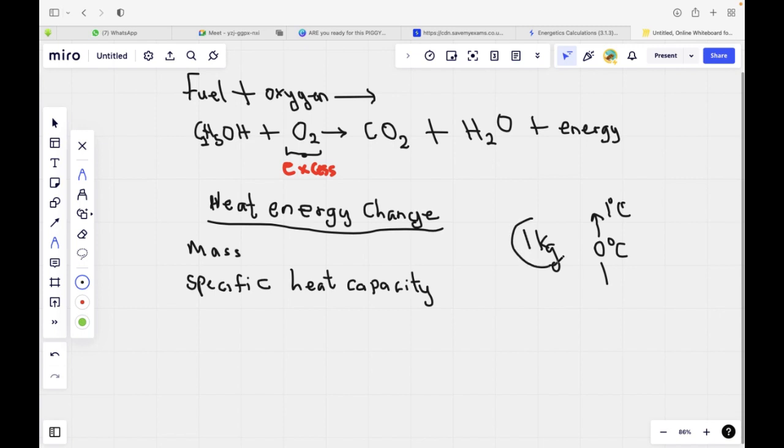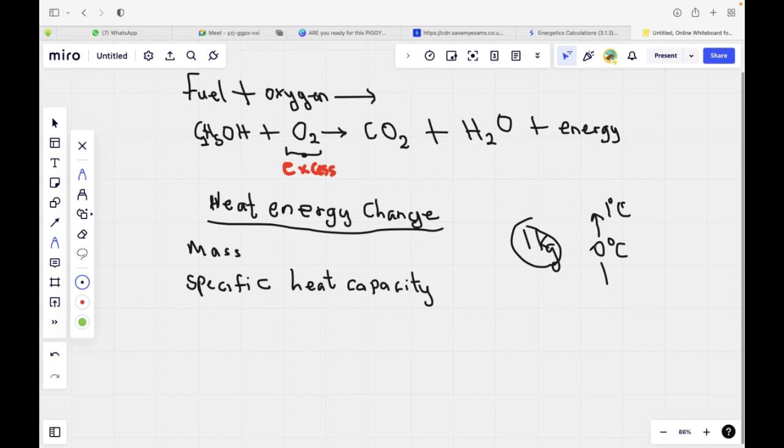There must be mass. Please pay attention. The specific heat capacity of a substance is the energy that we need to raise 1 kilogram of a substance, meaning there is mass, through 1 degree Celsius. For example, if you have 1 kg of ice, you weigh it and you know that it is 1 kg.